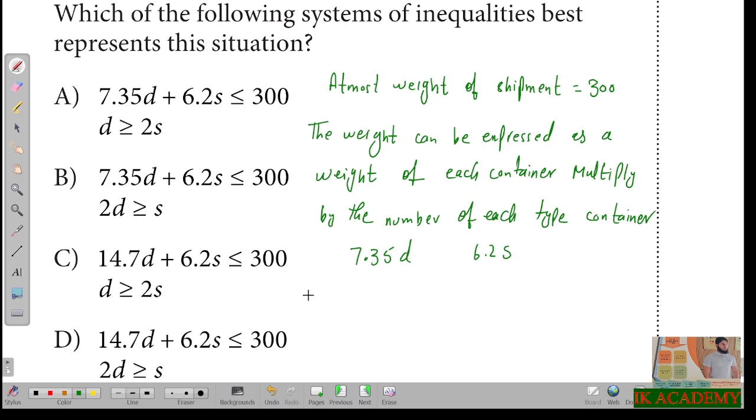So we need to find the total. The total must be at most 300 pounds. The total cannot exceed 300 pounds.